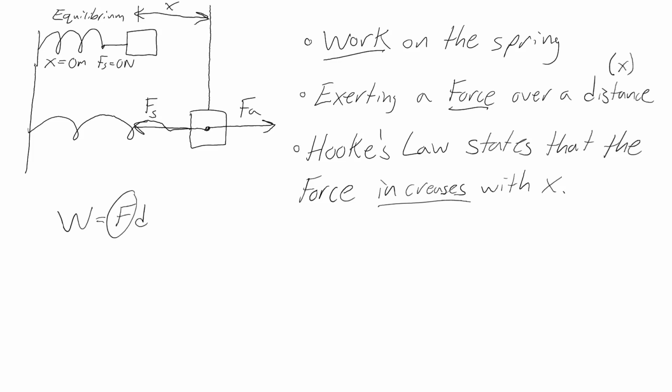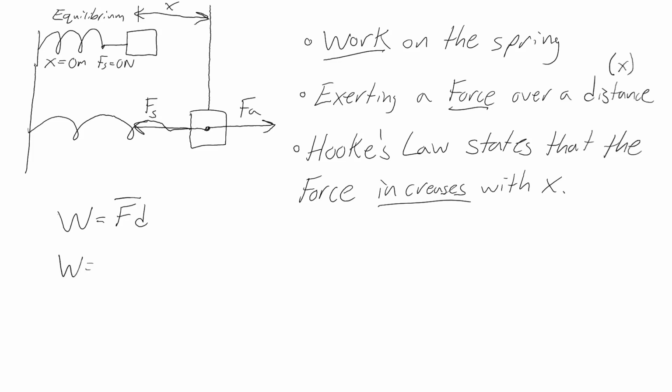Well, I don't really know a number to plug in for F because sometimes it's 0, then it's getting larger and larger. Maybe it's 1 newton, then you stretch it another meter, then it's 2 newtons, 3 newtons. So this force gets bigger and bigger. So you know what we have to do? We have to find the average force. It starts at 0, and then you get to this maximum force. What's the average force? You could use that to find the work done.